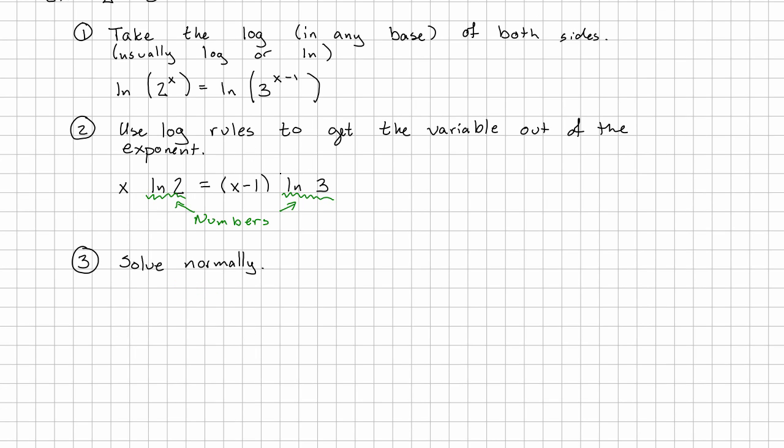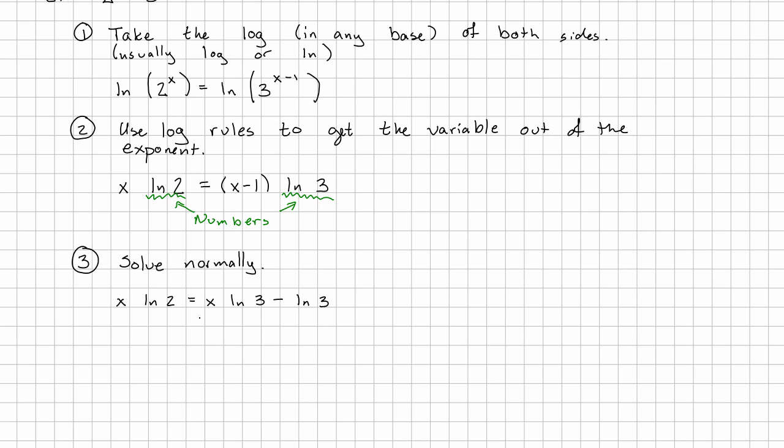So let's see. On the right, I need to distribute because I need to get rid of these parentheses. So I'll have x times ln 2 equals x times ln 3 minus 1 times ln 3, which is ln 3.